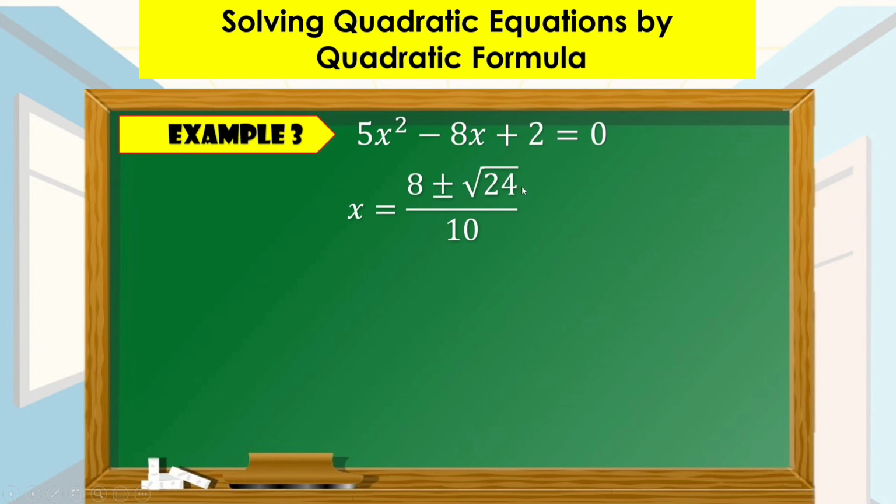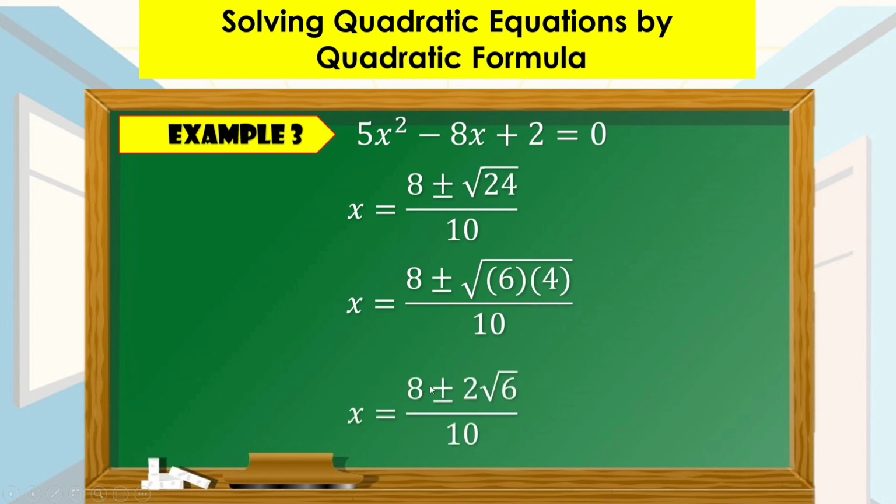So, ano ba ang dalawang numbers na kapag tinimes po natin ang sagot ay 24? Correct! It's 6 and 4. And 4 here is the perfect square number. Get the square root of that perfect square number. We have x is equal to 8 plus or minus 2 square root of 6. Yung 4 po, kinuha ang square root, kaya wala na po yung 4, naging 2 ang answer.